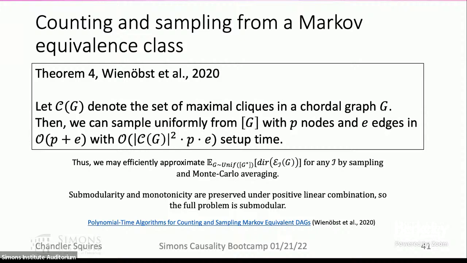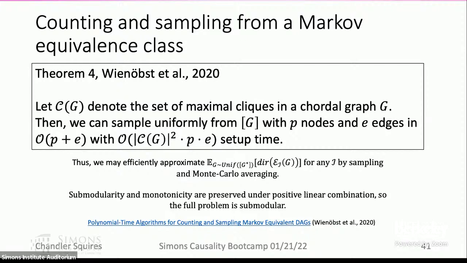And the way to do that is in this recent paper that shows you how to sample from the Markov equivalence class with this setup time that's bounded by essentially the square of the number of maximal cliques, which, you can see in chordal graphs, is also going to be bounded by the number of nodes. So this is essentially, at the worst case, some kind of low polynomial in the number of nodes.